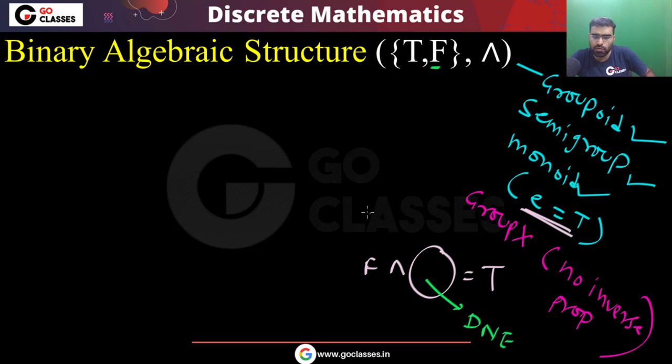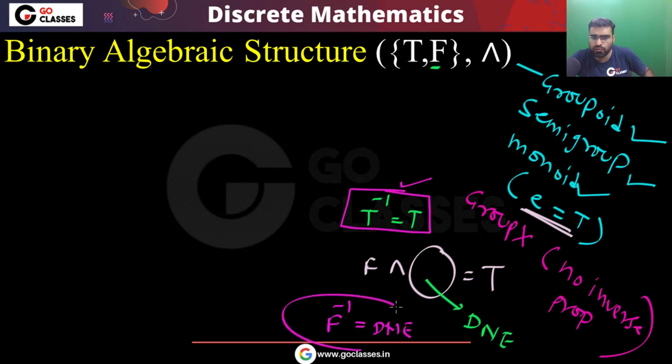Remember, there is an inverse for true: true inverse will be true. For the identity element, the inverse is always the identity element. So true inverse is true, but false inverse does not exist. Because false inverse does not exist, we do not have the inverse property, and that is the reason this structure is not a group.